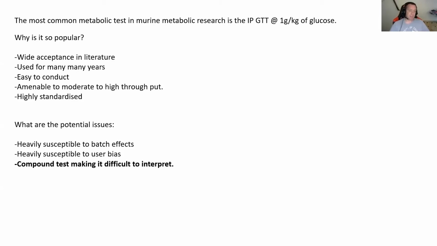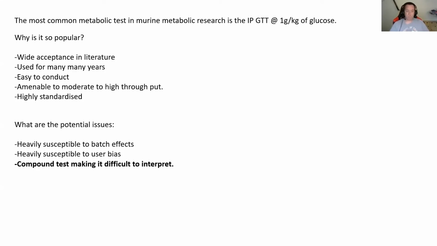Potential issues with it: it is heavily susceptible to batch effects, and we'll look at those. I'm not going to show you the data, but it's heavily susceptible to user bias because stress can affect glucose levels. If you have an experienced user who's good at handling mice versus an inexperienced user who's nervous about handling mice, you will actually find a bigger glucose tolerance curve for the inexperienced user because you are stressing the mice.